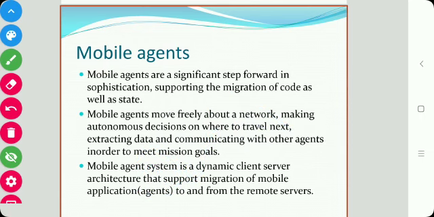For example, if a mobile user needs to search a set of databases in the traditional client-server approach, the client will send the request and the server will respond. So here the client has to perform a remote procedure call, that is the RPC call, to the server.